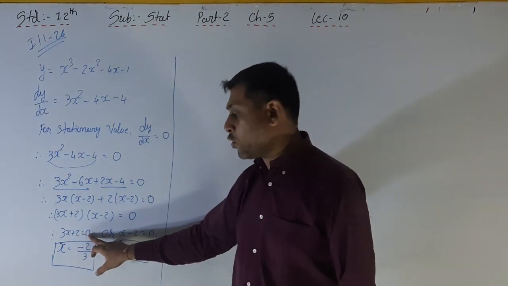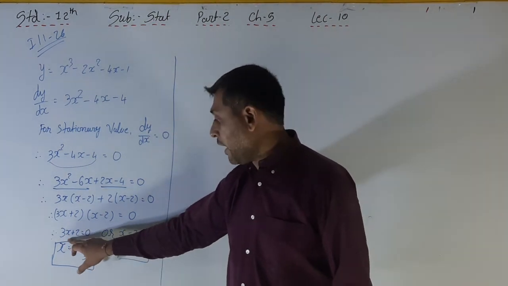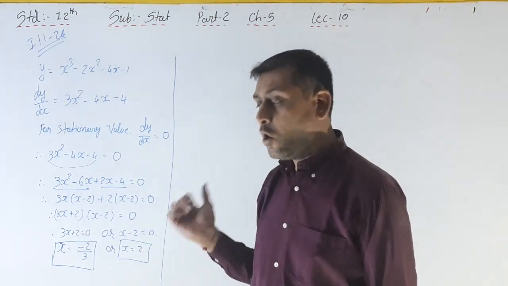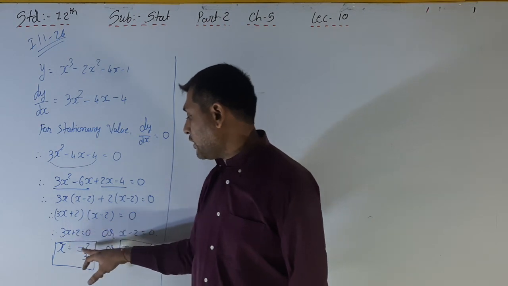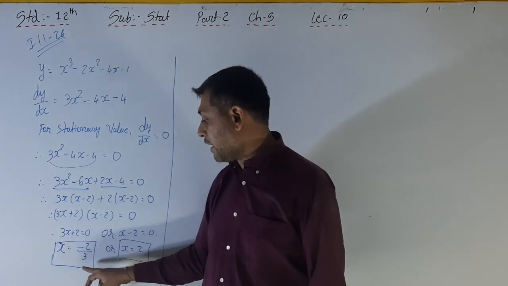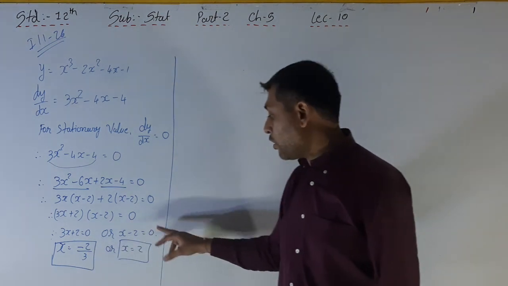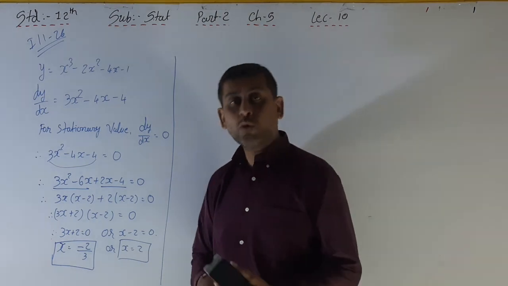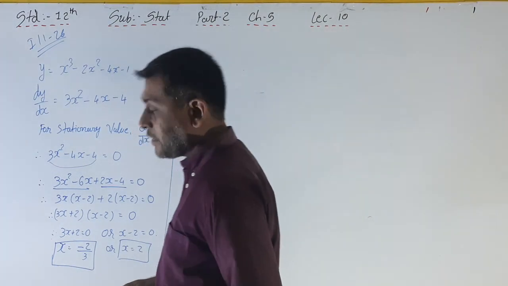So 3x is equal to minus 2, right? Then x is multiplied with 3. If we want to transfer that 3 to the opposite side, then we have to write x is equal to minus 2 by 3. So your first answer, x is equal to minus 2 by 3, and your second answer, 2 transferred to the opposite side, that's why x is equal to 2. Okay, so your first and second step is over.